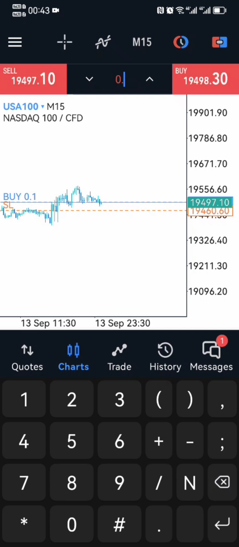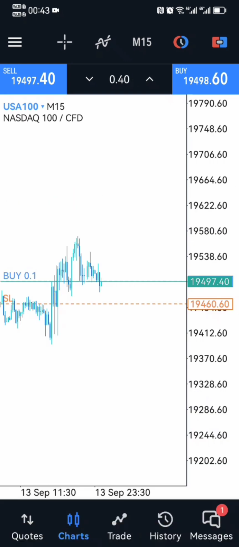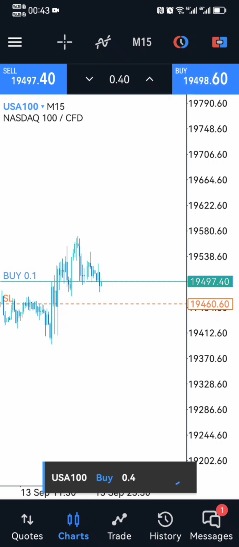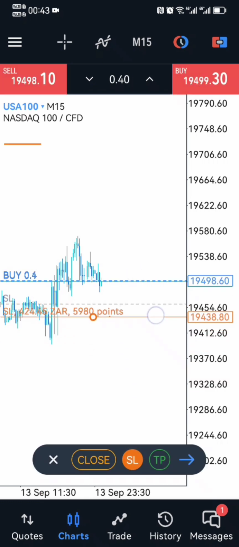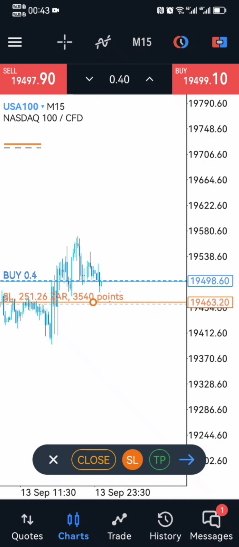Remember, I don't know what lot sizing to go with here for it to be proper. So let me just go with 40 so that it makes 50. Alright, so again, stop loss. Okay, yeah, so we're good.